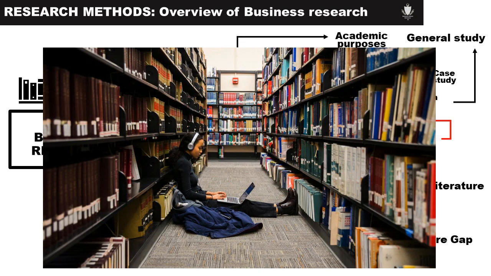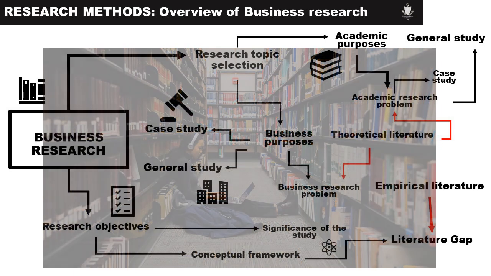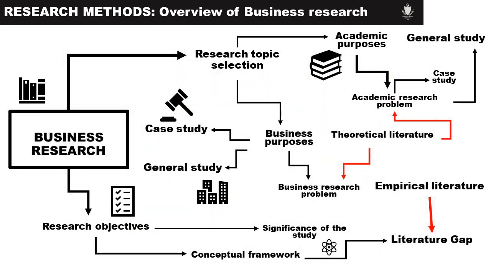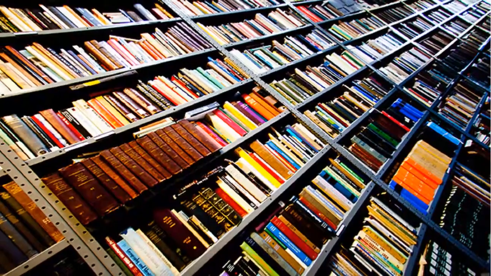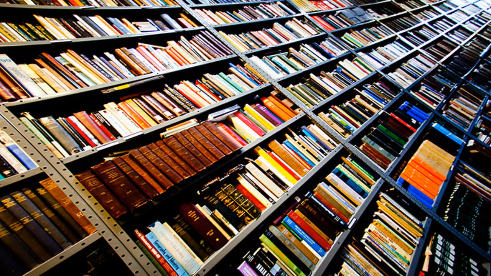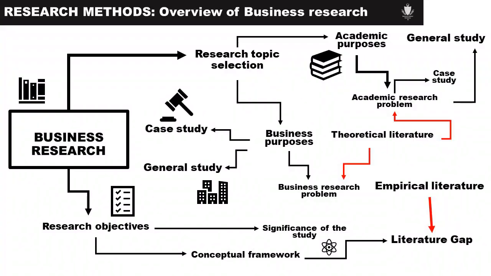Okay, they are interested in research that has capacity to contribute to the contemporary wide body of knowledge pertaining to the research topic that you have selected. So that is what academicians are interested in. Now, that kind of perspective is highly linked to theoretical literature.